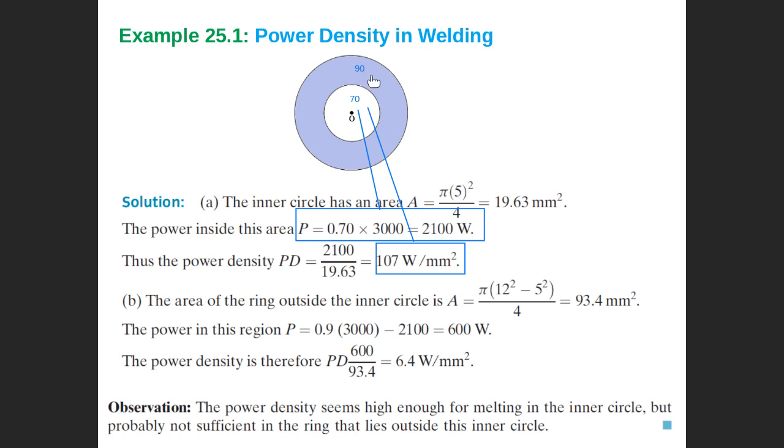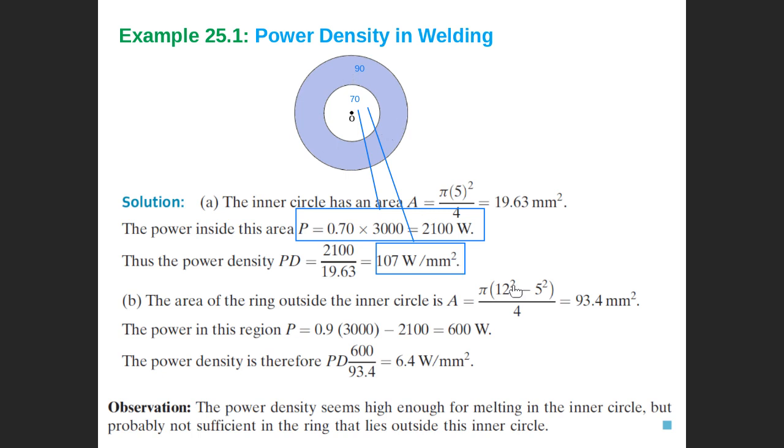He asks what is the power transmitted in the ring, which is the blue color ring between 5 and 12. Then the power transmitted in the ring is between 70 and 90, meaning only 20% of the power is transmitted in the ring.